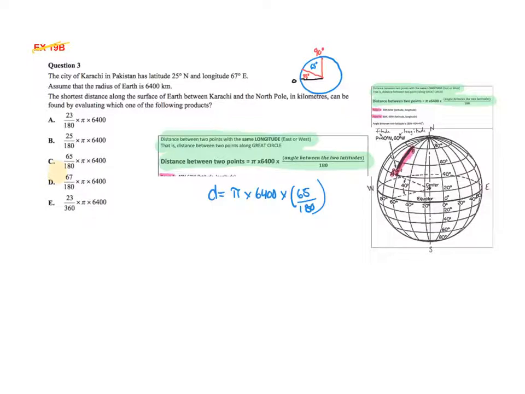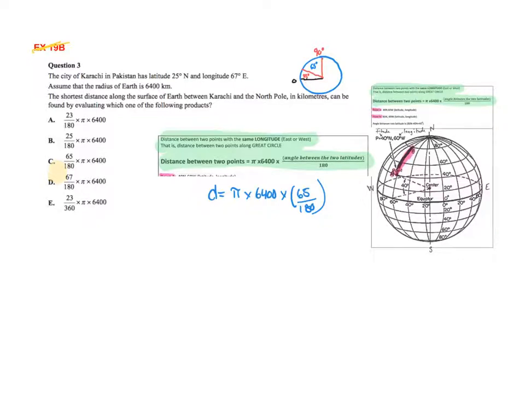The next question says the city of Karachi in Pakistan has a latitude of 25 degrees north and a longitude of 67 degrees east. Assume the radius of the earth is 6,400. Find the shortest distance along the surface of the earth between Karachi and the North Pole.